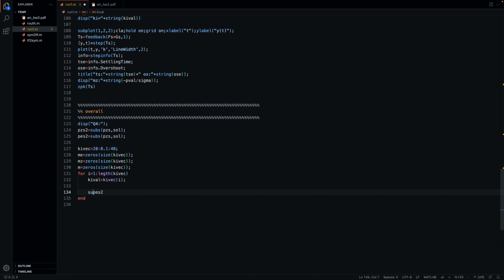I'm going to substitute the Ki value into the polynomial, get all the coefficients in terms of S. At this point, we shouldn't have anything that is unknown, so let's convert it into a double vector.